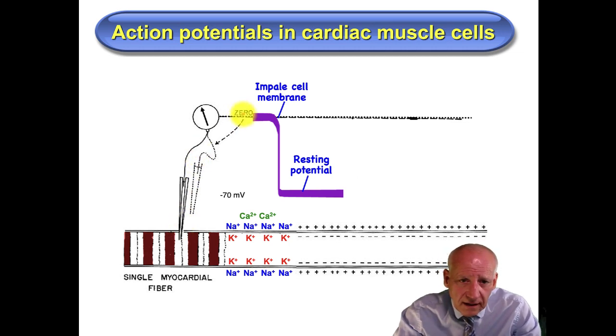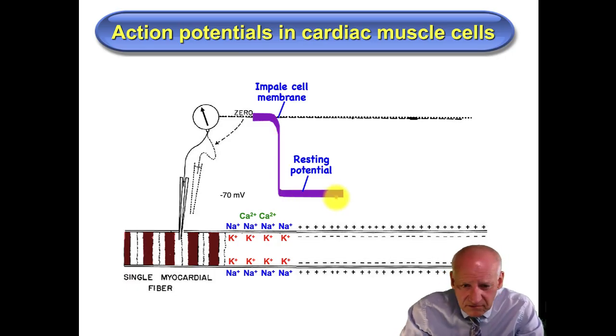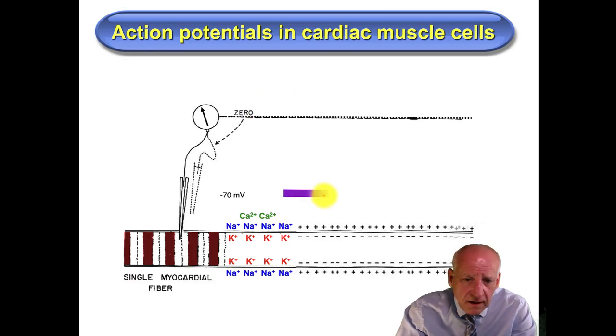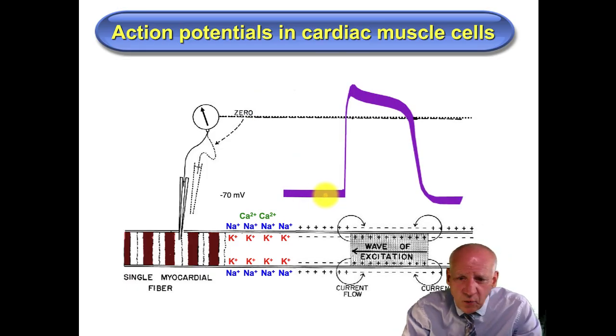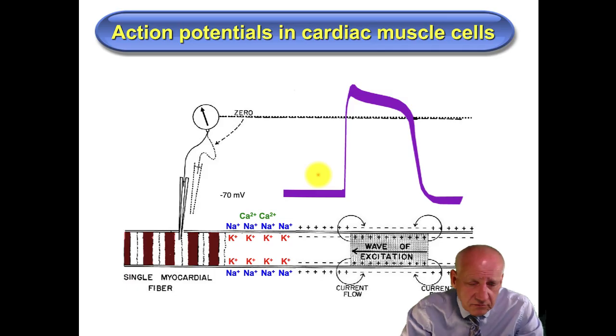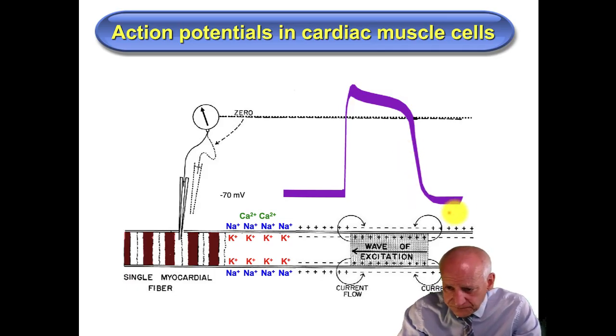After we impale the cell membrane with the electrode, we would record a resting potential of about minus 70 to minus 90 millivolts. But at regular intervals, we would see a wave of depolarization move past our electrode, and this would result in an action potential with an odd shape, like this.